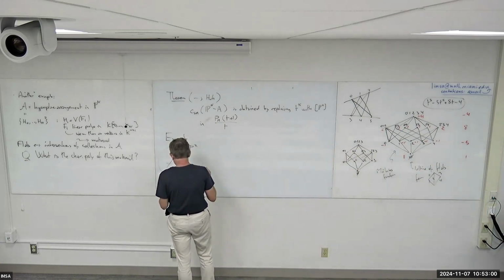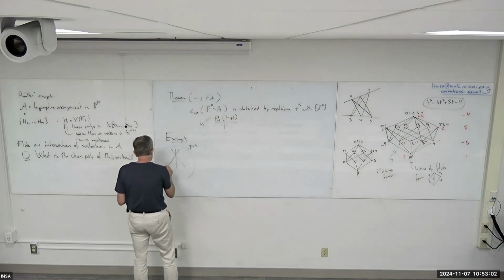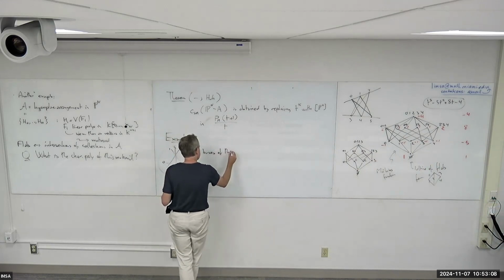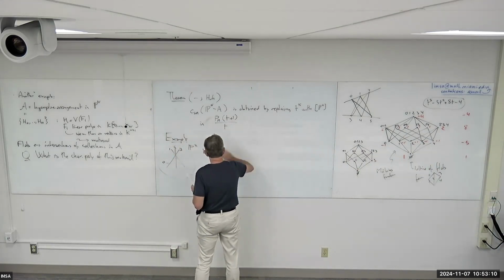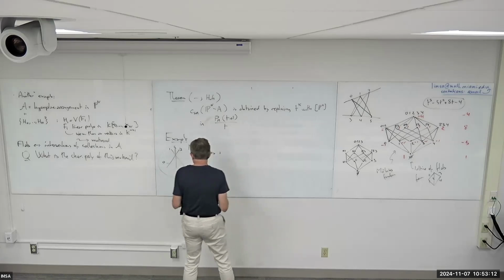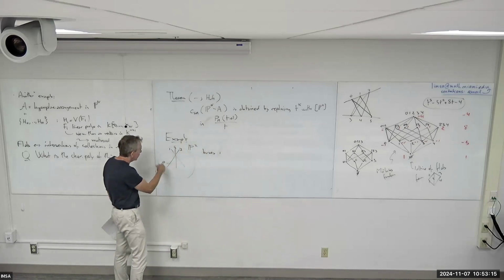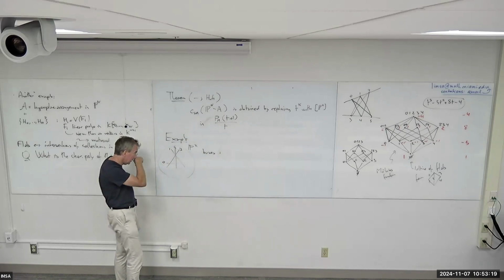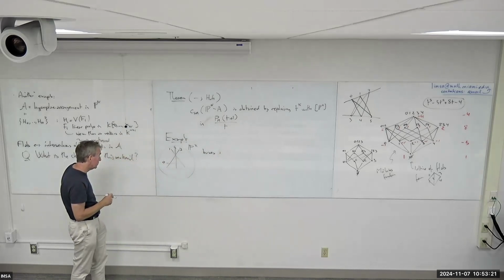So for this, again, I'm not going to write all the flats or anything like this, but we can write the bases of the matroid. They correspond to maximal collections of hyperplanes that don't intersect. That's the dual notion to explain.